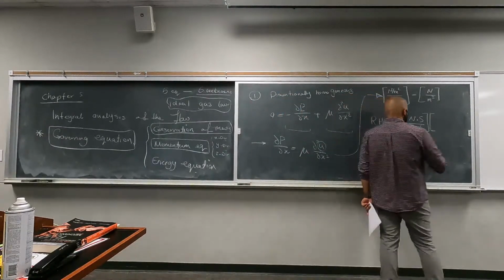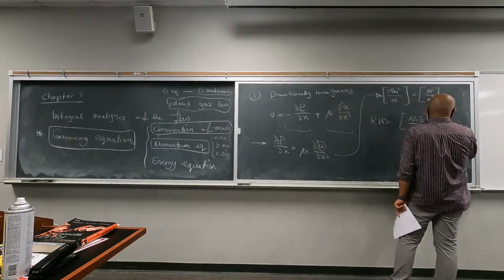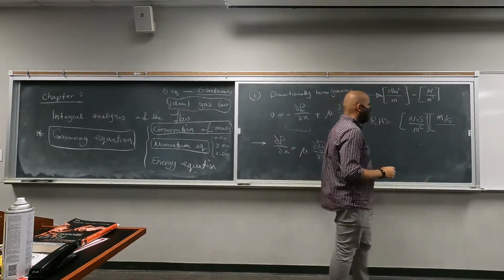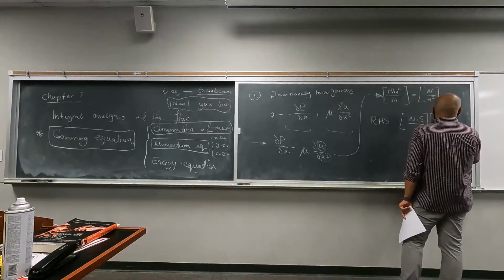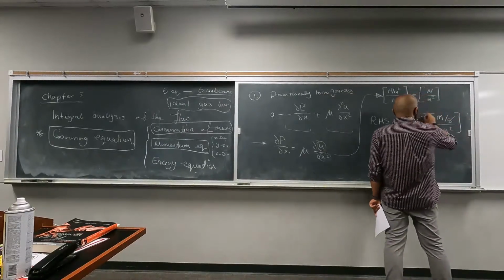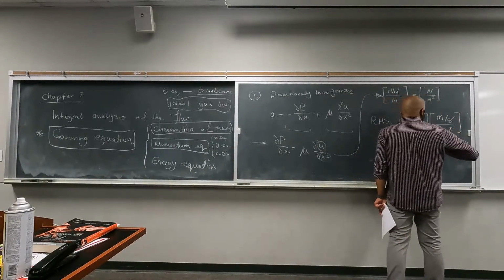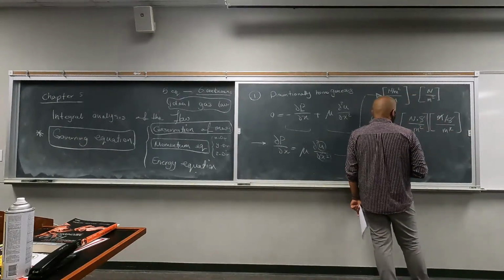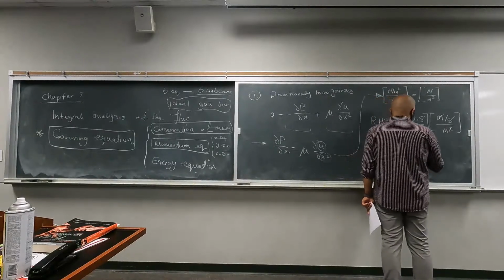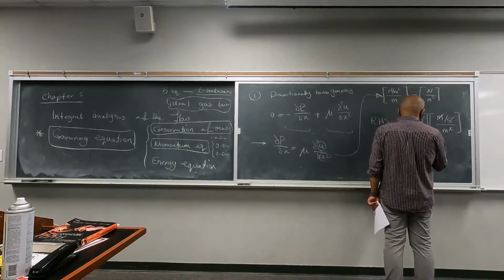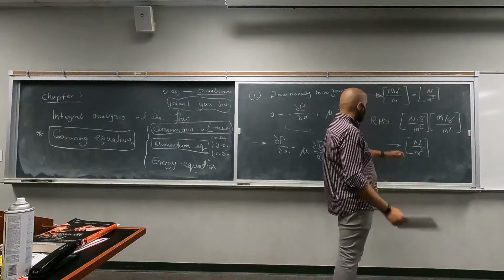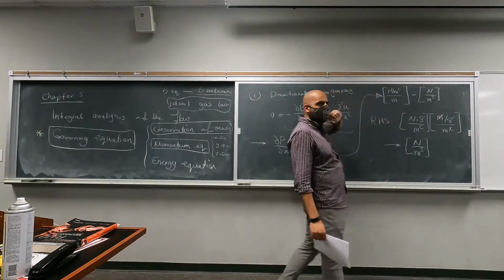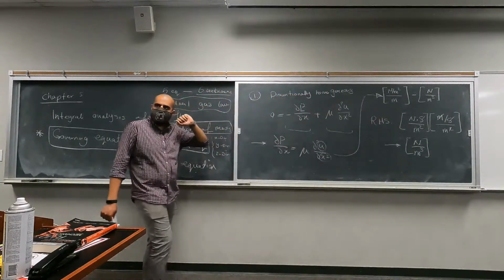It is meters per second. And what is the dimension of x squared? It is meters squared. Second will cancel out. This power here will cancel out with the meters in the numerator. So you'll end up with newtons per cubic meters. The dimensions on the right-hand side are equal to the dimensions on the left-hand side. So dimensionally homogeneous.